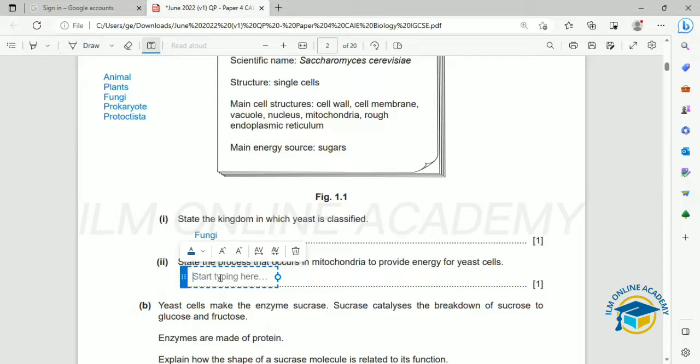But in anaerobic respiration, yeast will use glucose and produce carbon dioxide and alcohol, but not a lot of energy. The aerobic respiration taking place in mitochondria helps in producing a lot of energy. So the answer would be aerobic respiration. That's the process that takes place there.